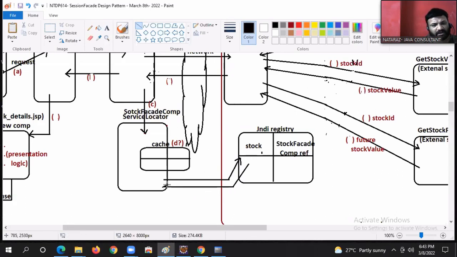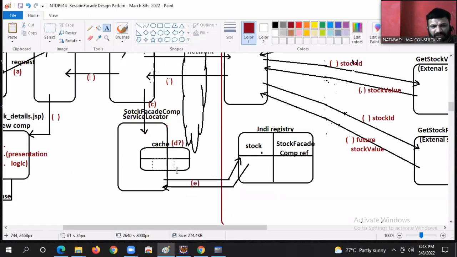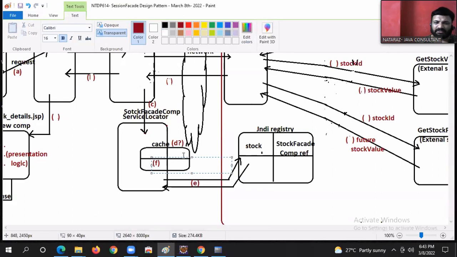Yes, here we are talking to the JNDI registry, guys. It gets the external component reference by talking to the JNDI registry. E. It will place that one in the cache.